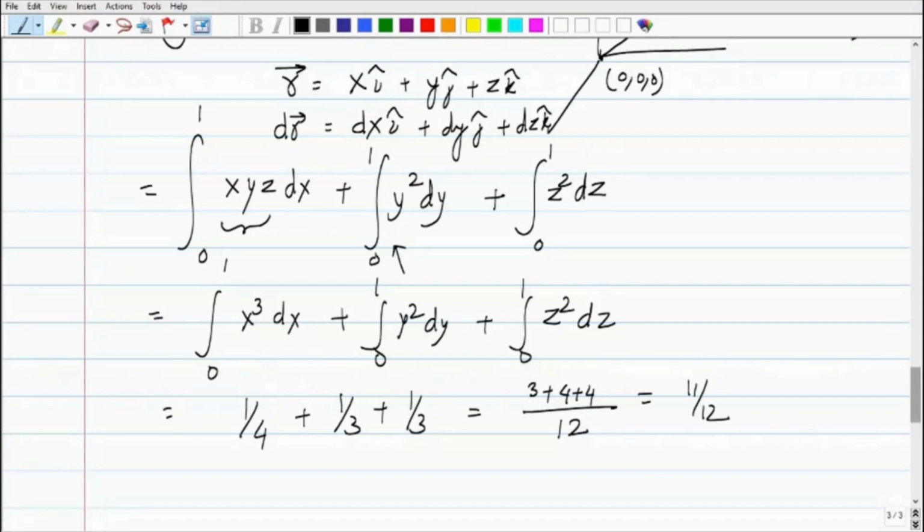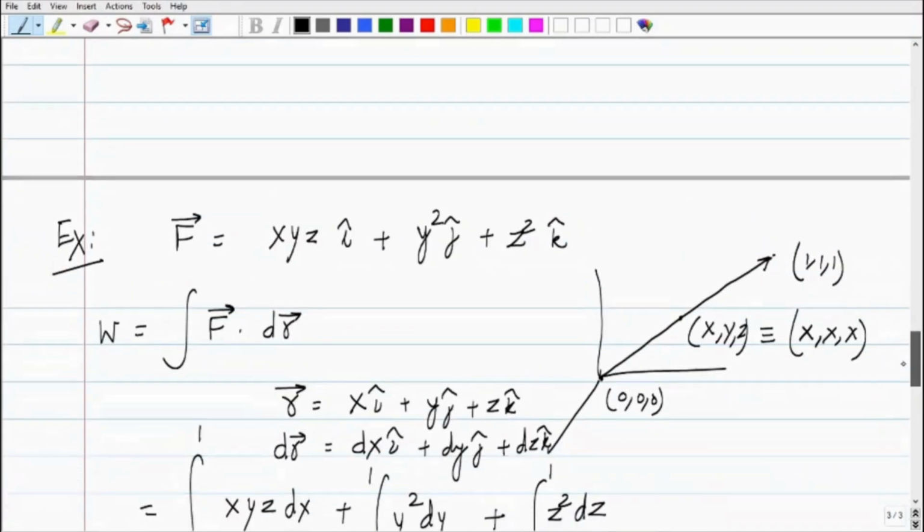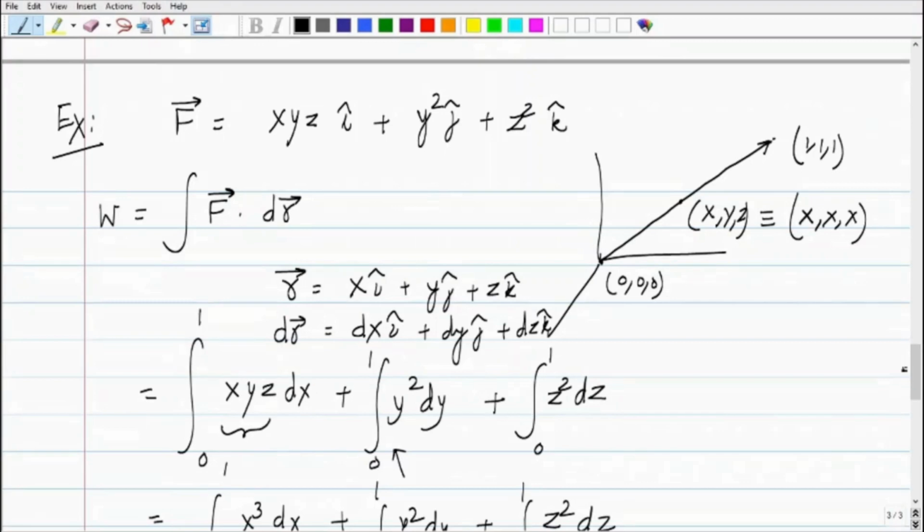Okay. Another way to do this line integral is by parameterizing the curve. Look at this curve, which is a straight line, of course. Can we parameterize this using one single variable? For example, what is the formula for a straight line which starts from point A and goes to point B?